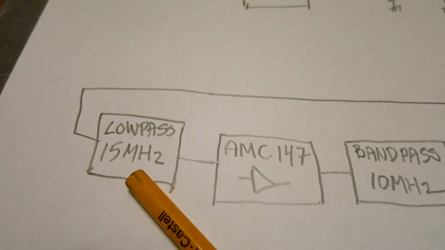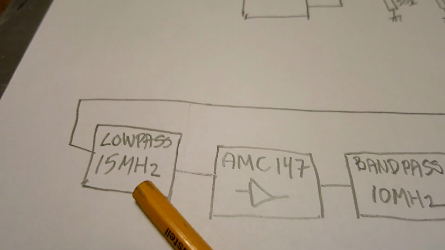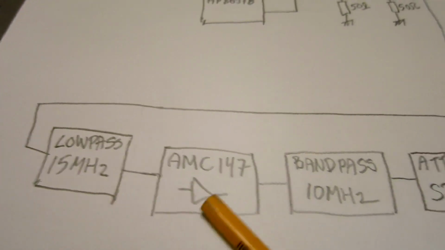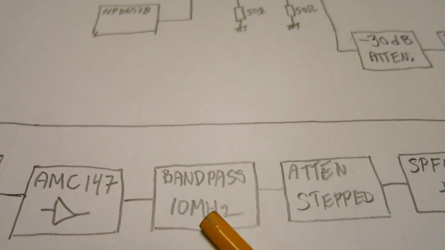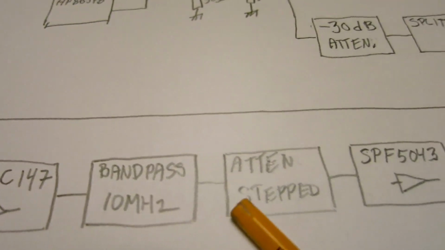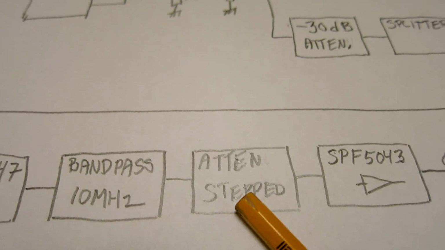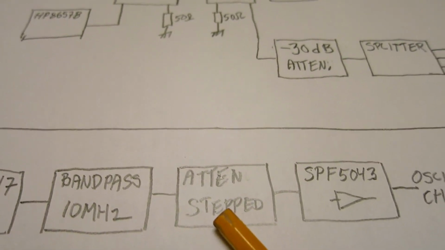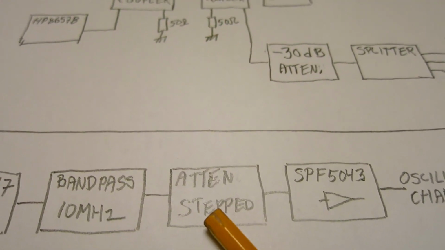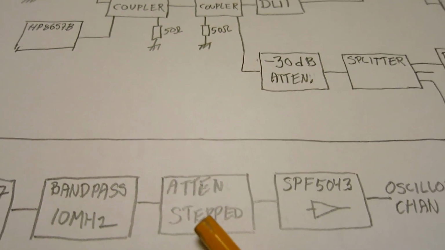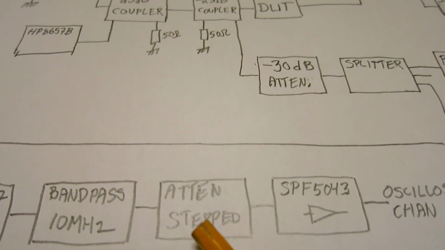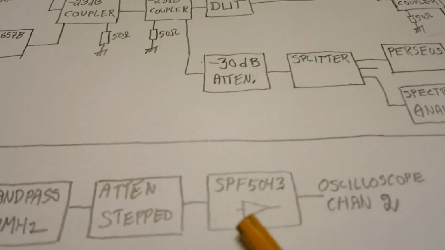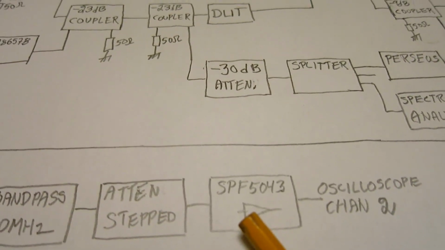Low pass again to remove 20 megahertz and higher, an amplifier and the band pass for 10 megahertz, and a stepped attenuator, because when I replace the device under test, the misbalance is very large and the oscilloscope doesn't show anything because it's completely saturated, and this amplifier might also be saturated.